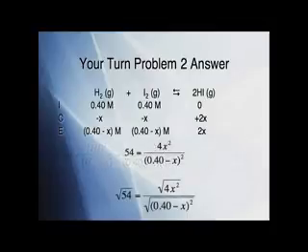After substituting in the equilibrium concentrations with the x values, you'll notice that this is a perfect square. And this is an ideal situation for us because what it allows us to do is take the square root of everything in order to simplify this. So we would have the square root of 54 is equal to the square root of 4x squared divided by the square root of the quantity 0.4 minus x squared.